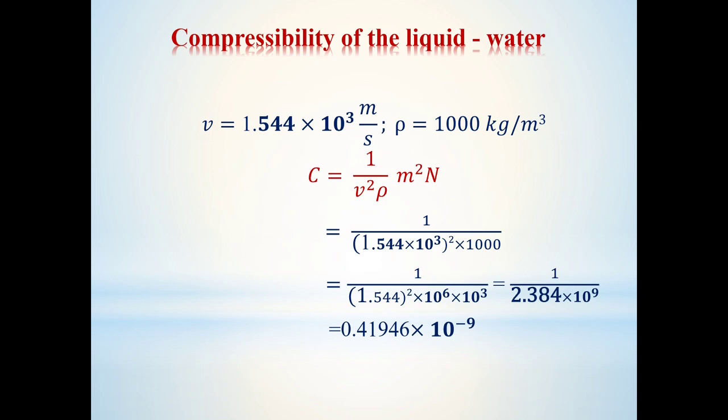The 10 power 9 in the denominator, when it goes to the numerator, becomes 10 power minus 9. I am going to move the decimal to the right. When I move it, I get 4.1946, so the power will diminish by 1. So it is 10 power minus 10 meter square per Newton.